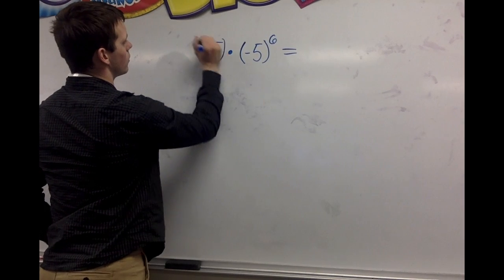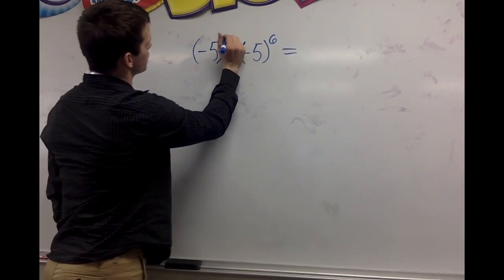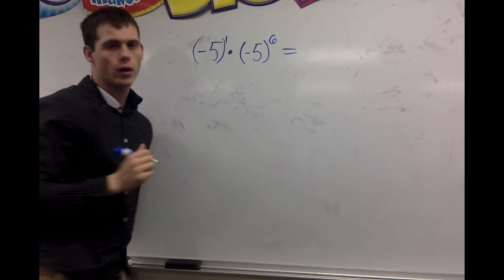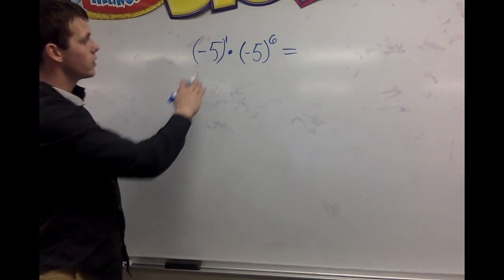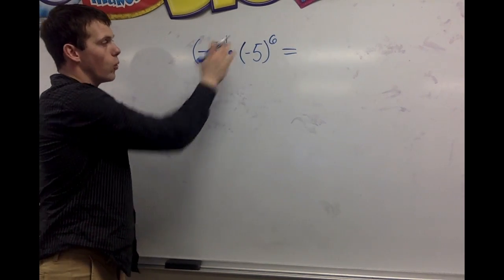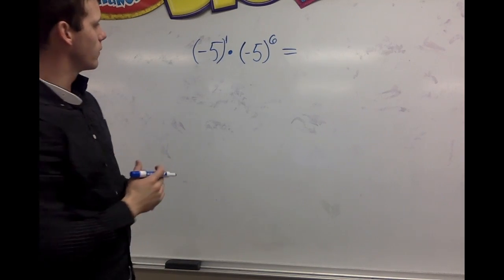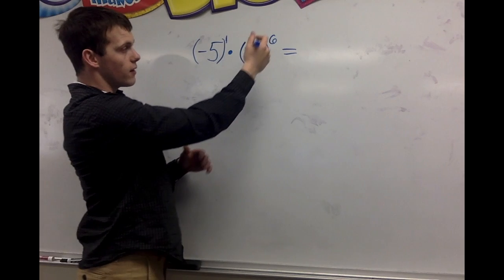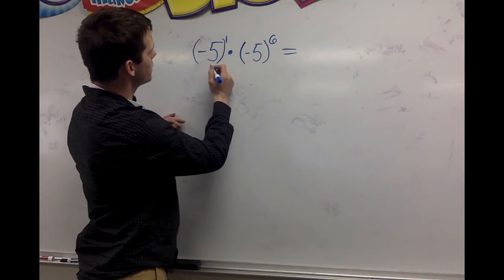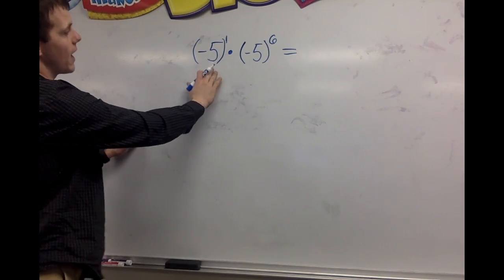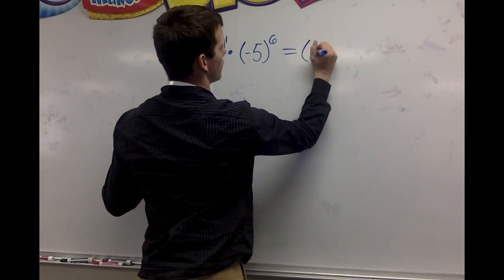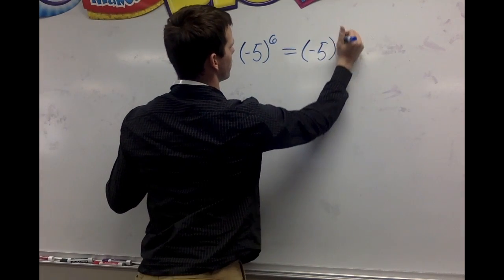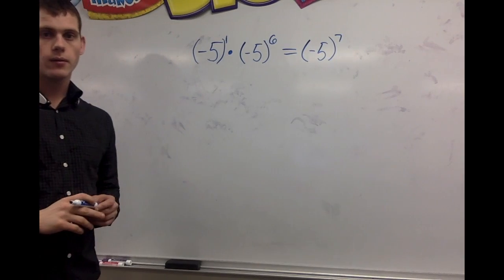So we know that there's a little invisible 1 that's always there, because any number to the 1 exponent is simply that number. So now we have negative 5 times negative 5 to the 6th. That simply means that we add the exponents and get negative 5 to the 7th.